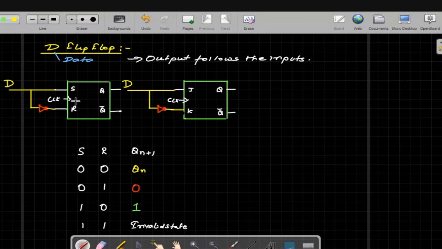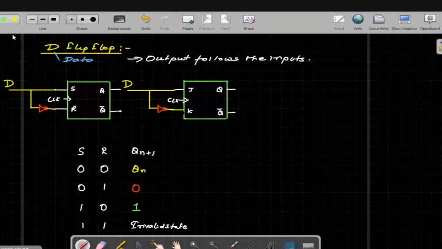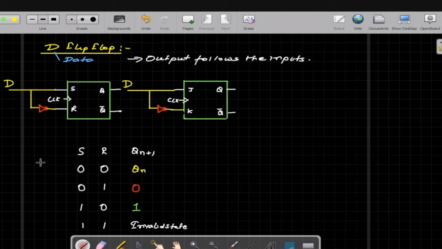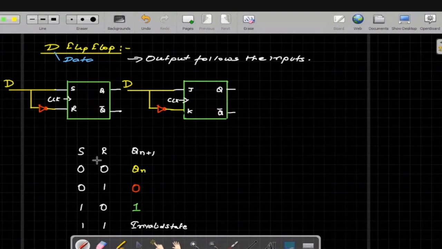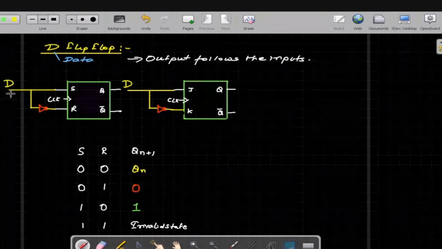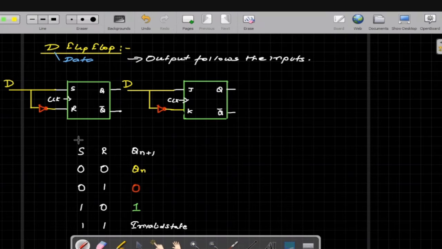So now what I am trying to say is, if you know this table, and in this table you eliminate this R column, because we are considering the S column itself and taking the complement of R. So I am eliminating this R column, and at the same time I am also eliminating these rows.